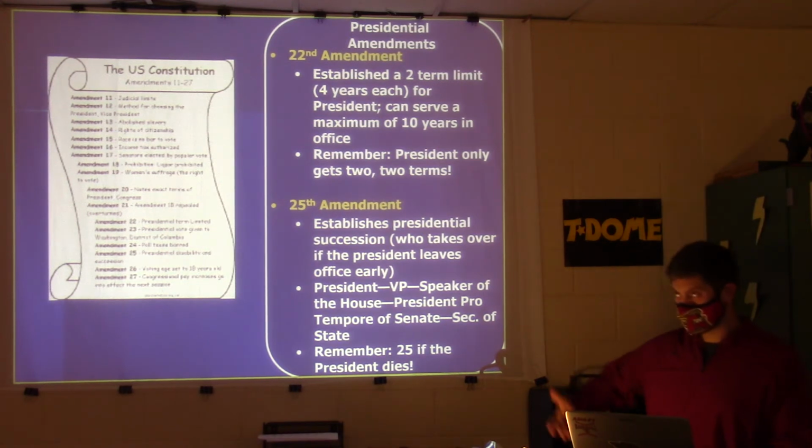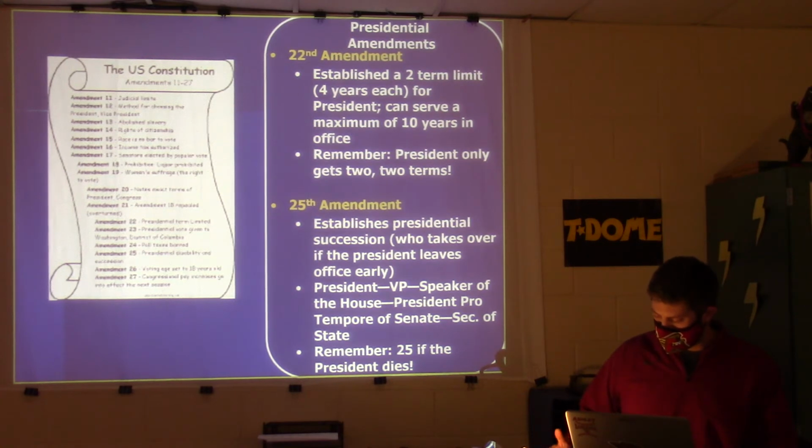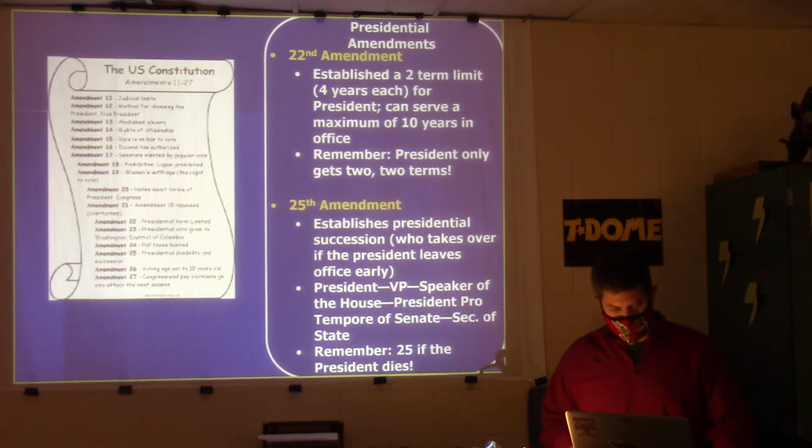So there's a total of 19 people who would take over the presidency if for some reason something happened. During the State of the Union, maybe you've heard of this, you have a designated survivor.